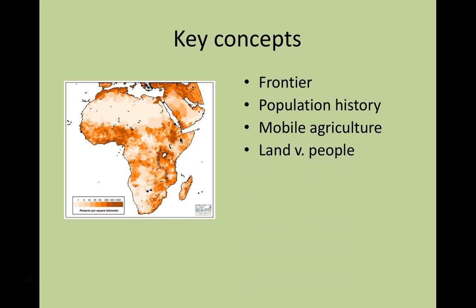Okay, now because Africa was so underpopulated, and this goes for just about all of Africa, except again for say the lower Nile Valley, or perhaps the Mediterranean region up here.